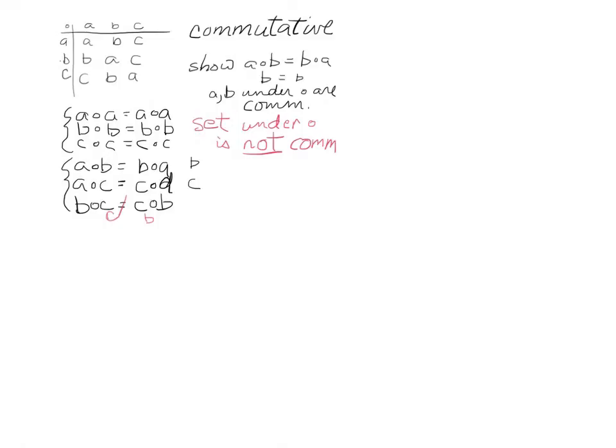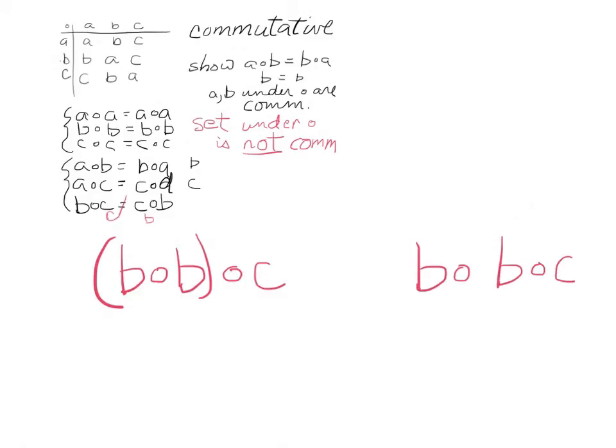For instance, I want to check B operated on B operated on C, and then I'd like to take B operated on B operated on C like this and see what I get.